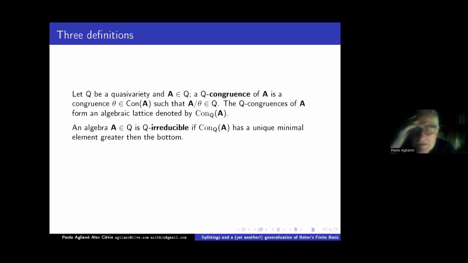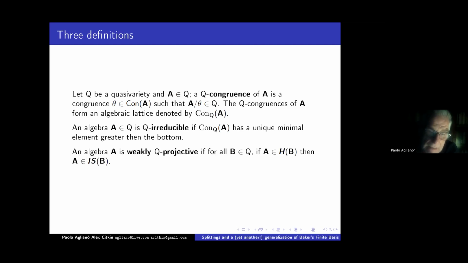It's just the relativization of subdirect irreducibility. And an algebra A is weakly Q-projective in Q if, for all B in Q, if A is a homomorphic image of B, then A is a subalgebra of B, which is slightly weaker than ordinary projectivity. So these are the three main definitions we are going to use.